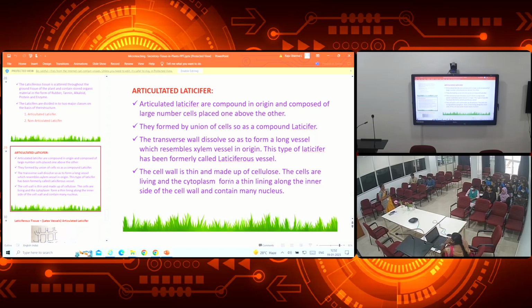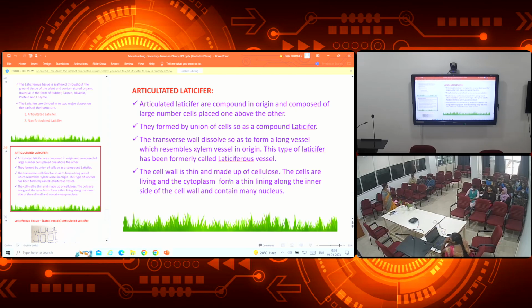For example, we say simple tissue and complex tissue, right? Simple tissue, if you take, is parenchyma, a single individual. Whereas complex tissue is formed by a group of components. For example, xylem means xylem parenchyma, xylem tracheids, all these grouping together to form a tissue. So it is a complex structure.